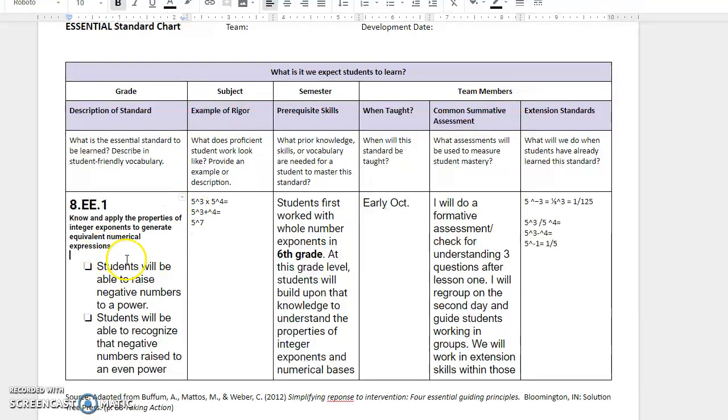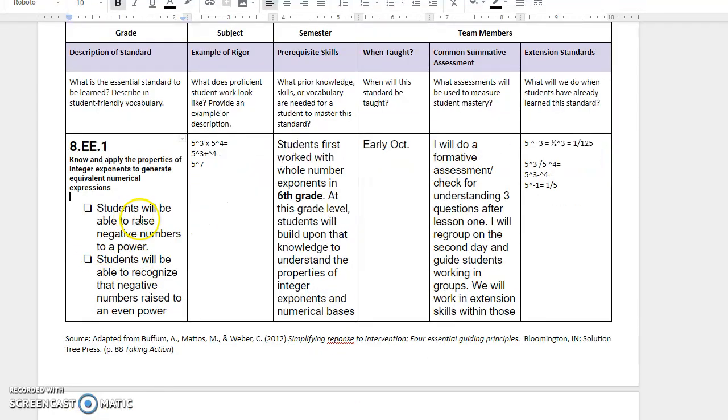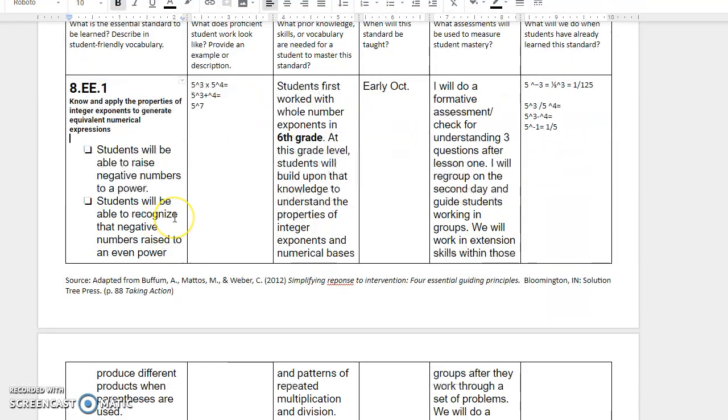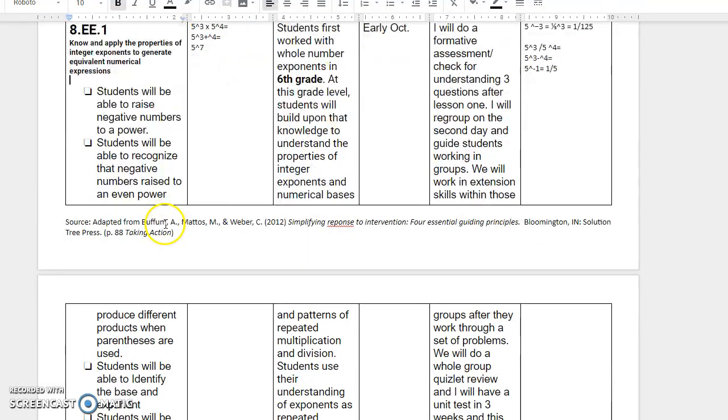When I was looking at this standard, the first one, students will be able to raise negative numbers to a power. That is the first skill that I found. Secondly, students will be able to recognize that negative numbers raised to an even power produce different products when parentheses are used. So when you start adding parentheses, that's going to create different products as they move through those formulas.